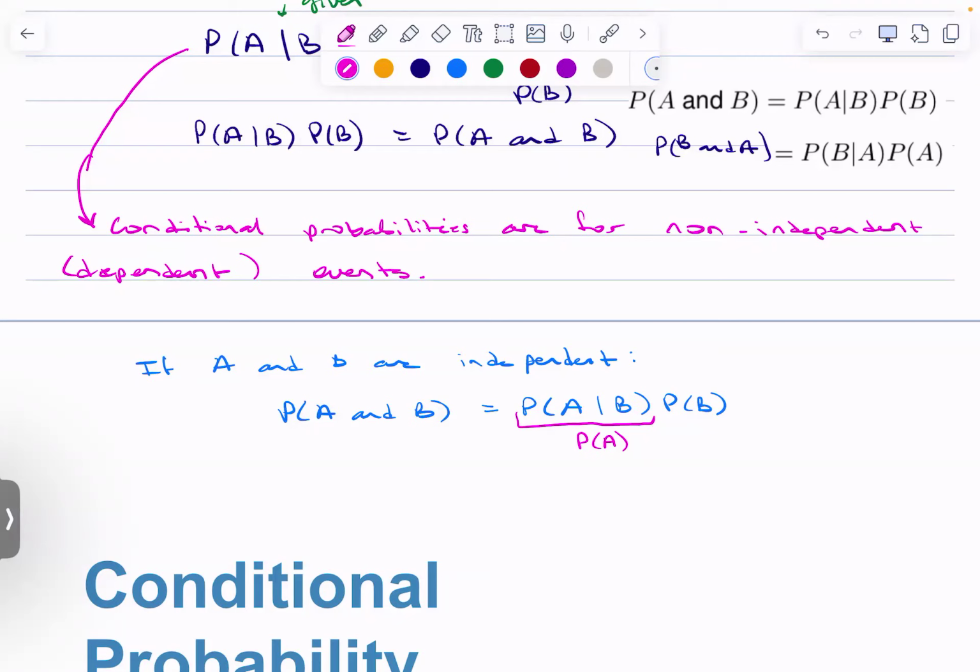That's the definition of independence. So you get this special case of the probability of A times the probability of B, which is the one on your formula sheet. That's why it shows up in that weird order, because it's actually a special case of the conditional probabilities.